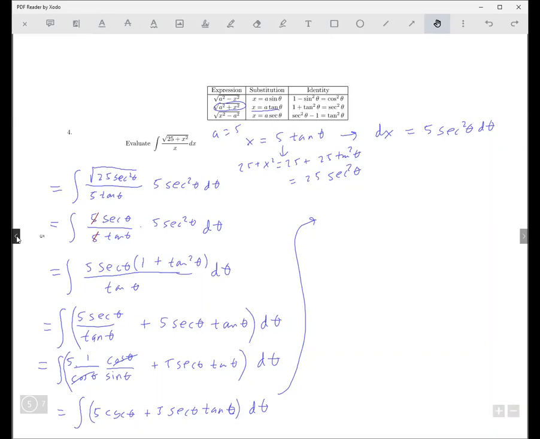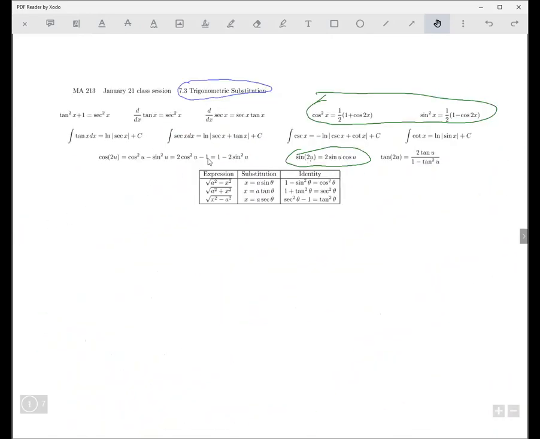That's, just go to the front page here. I put it right here for your convenience. This right here. So the integral of cosecant is negative log of cosecant plus cotangent.